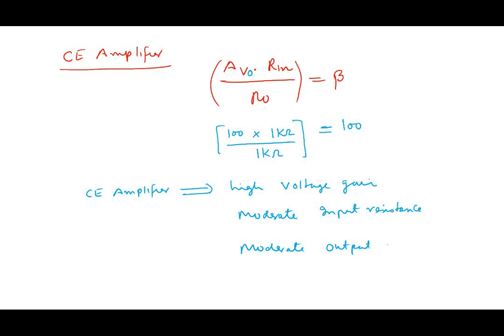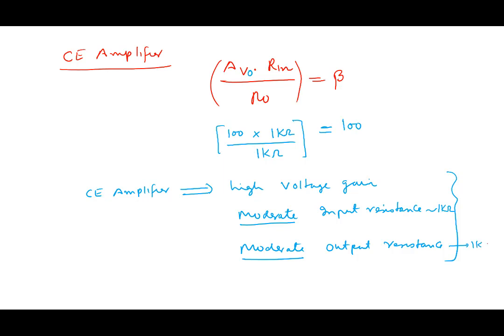People often take that as the characteristics of a common emitter amplifier: high voltage gain, moderate input resistance, and moderate output resistance. Moderate, as you can see here, means about a kilo ohm. These are subjective quantities. What do you mean by moderate? So moderate here is basically like 1 kilo ohm.